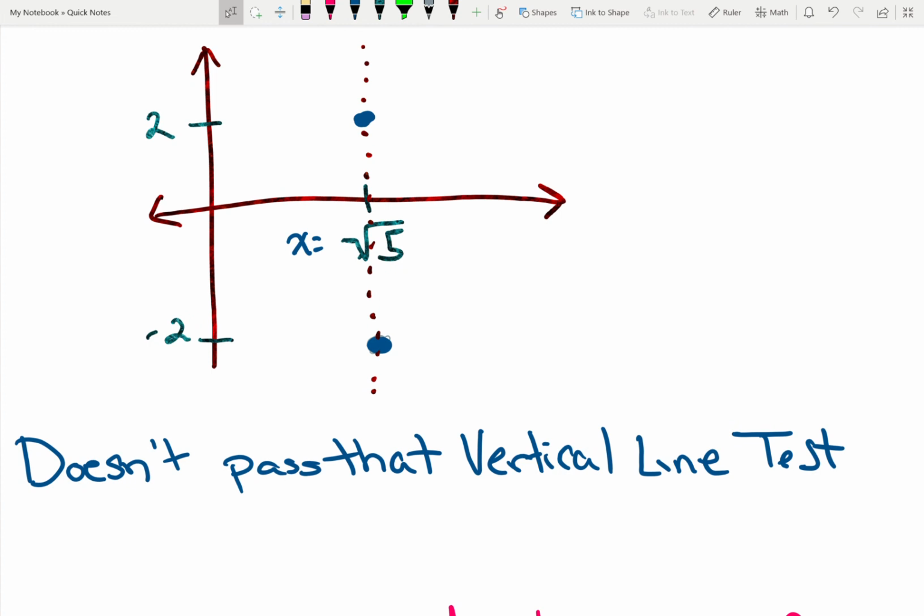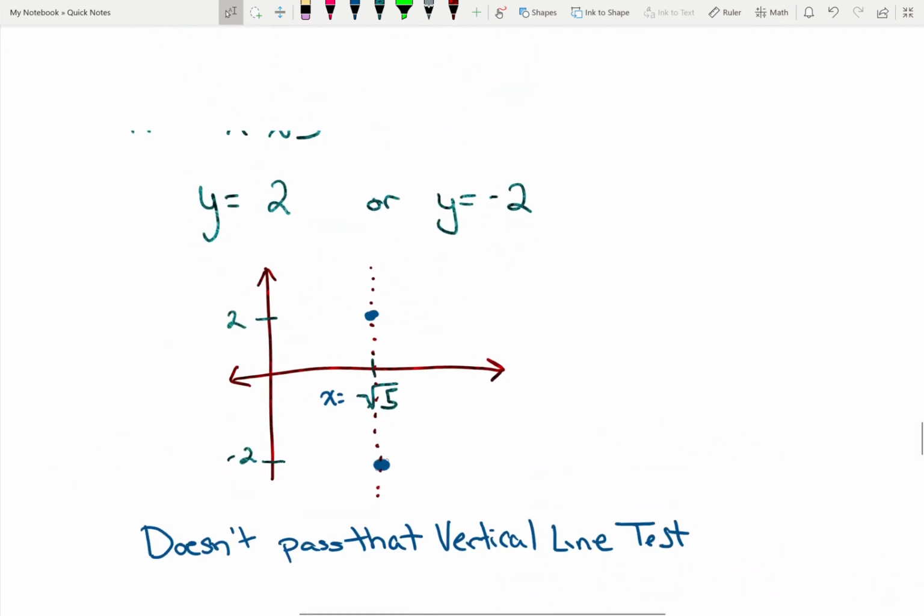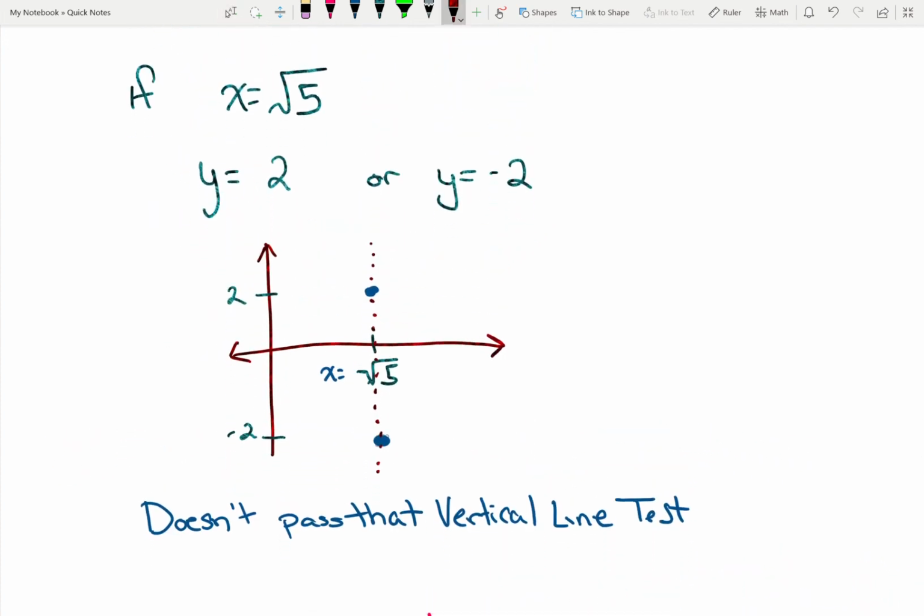So we can't really differentiate this because it's not a function. So the question is, what do we do? How do we still find dy dx? That is our goal. We're still trying to find dy dx, but we can't really differentiate something that's not a function.